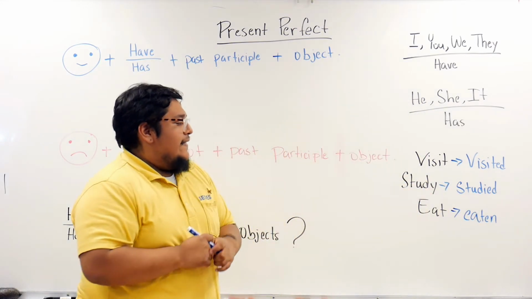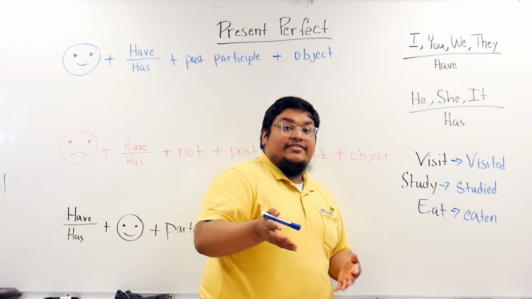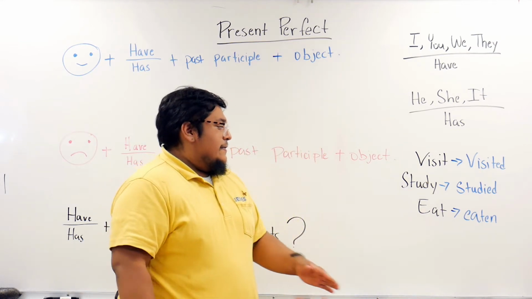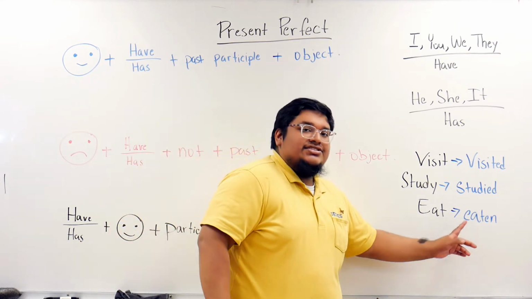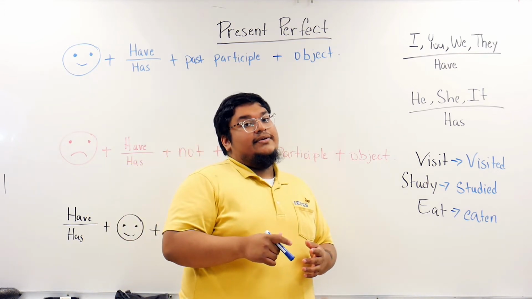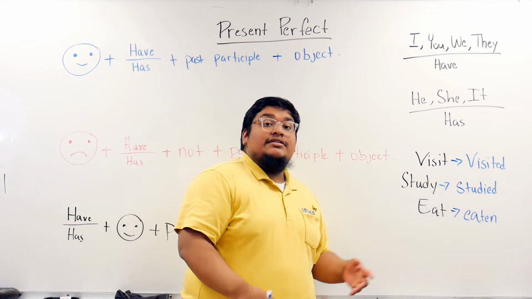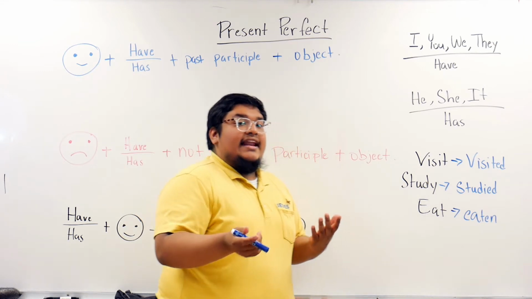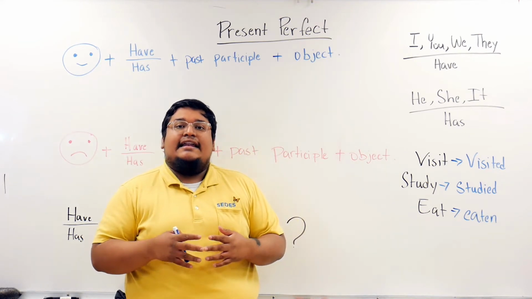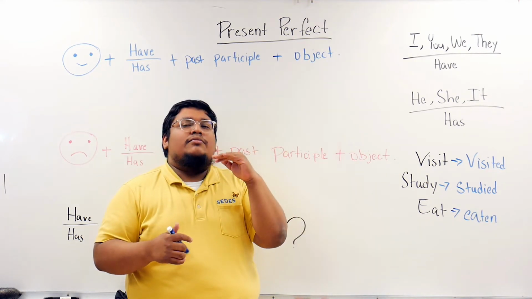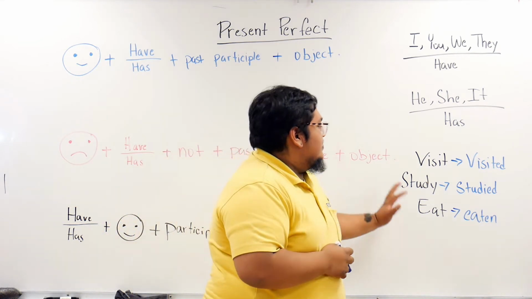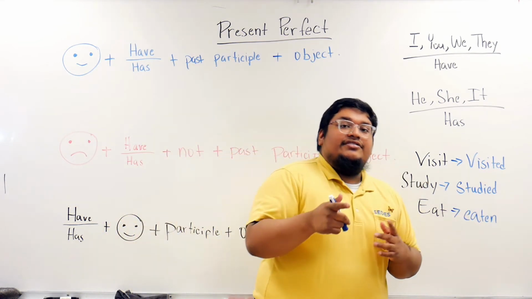Okay, so now that looks a little bit different, right? That's a big change. This change comes because it's an irregular word. Now, not every irregular verb is going to change this much, but some do. And for that, I recommend that you go through your list. There's many lists online that will show you the most common verbs and the past participle that goes with them. Okay, so these are the three verbs that we're going to be using today.